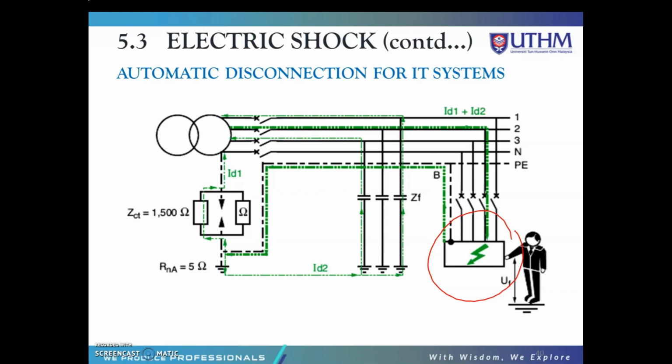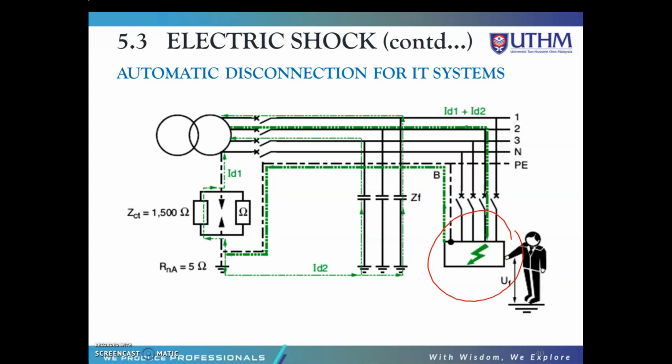On the occurrence of a true fault to earth, referred to as a first fault, the fault current is very low and no dangerous fault voltages can occur. So in the IT system, the first fault to earth should not cause any disconnection, because the fault current is very low. However, permanent monitoring of the insulation to earth must be provided, coupled with an alarm signal, audio and or flashing lights, operating in the event of the first earth fault.